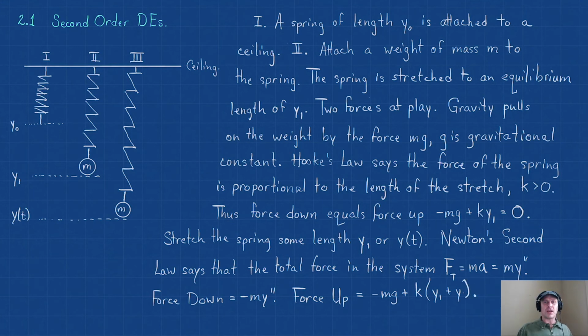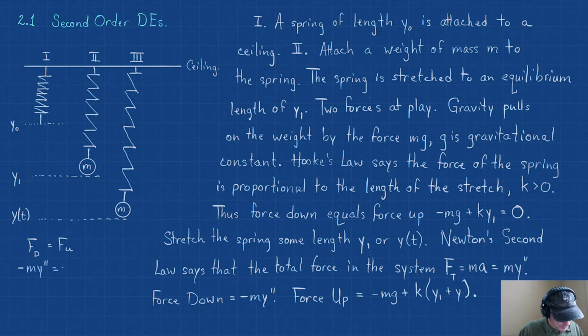Okay, but those are equal. Those are the same forces. So I'm going to come over here just below my diagram. I have just enough room. So we could say the force down is equal to the force up. Well, the force down is minus m times g. The force being pulled up is minus m y double prime.